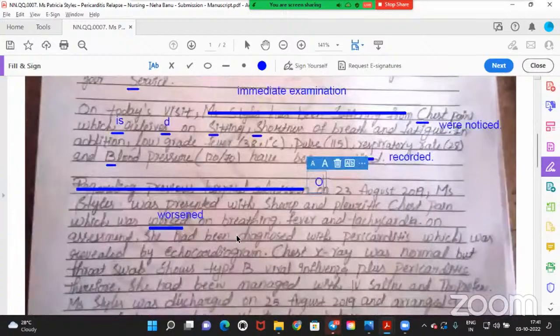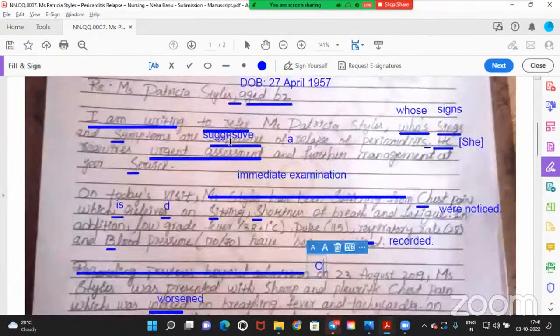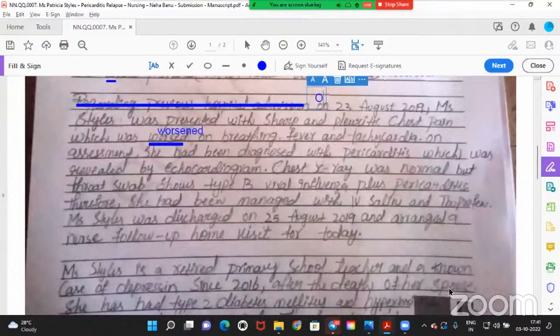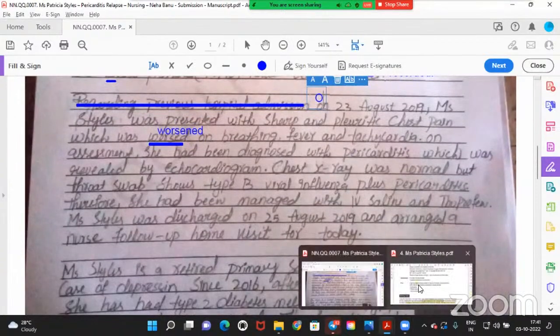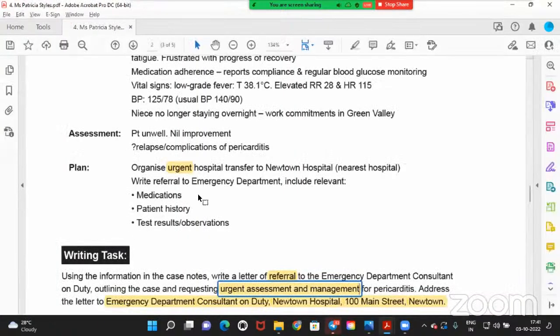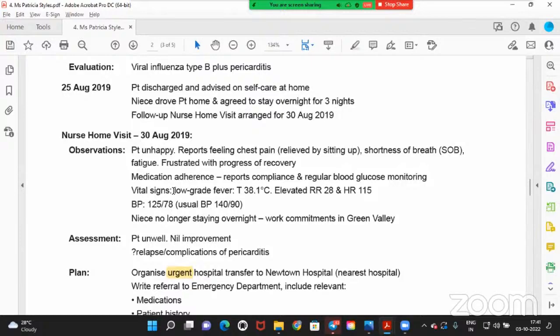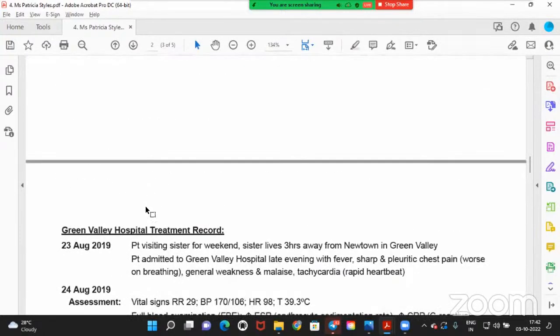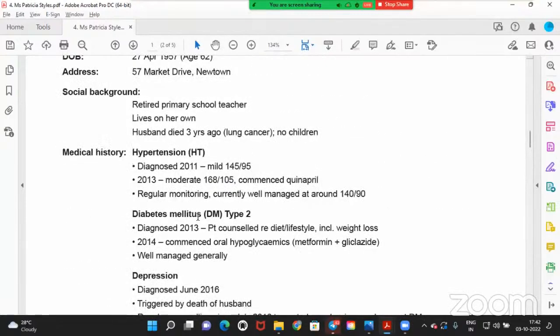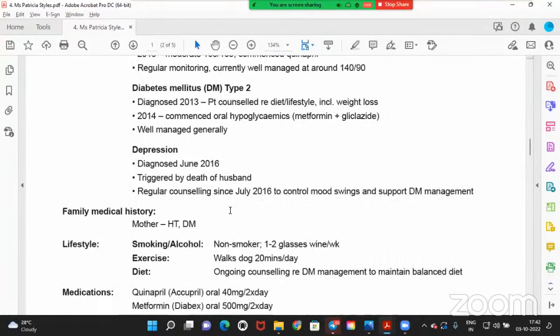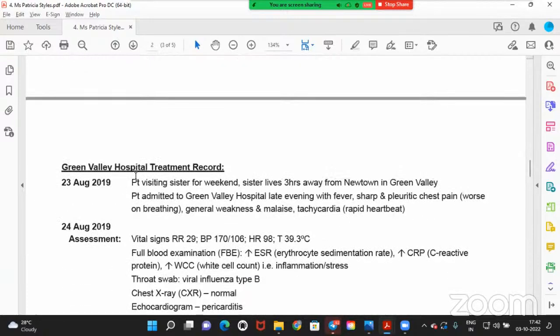So it is hospital admission. Why are you writing this hospital admission? This is also assessment. Where is hospital admission? 23 August 2019, Green Valley Hospital treatment record. She was admitted to Green Valley Hospital late evening with fever sharp.